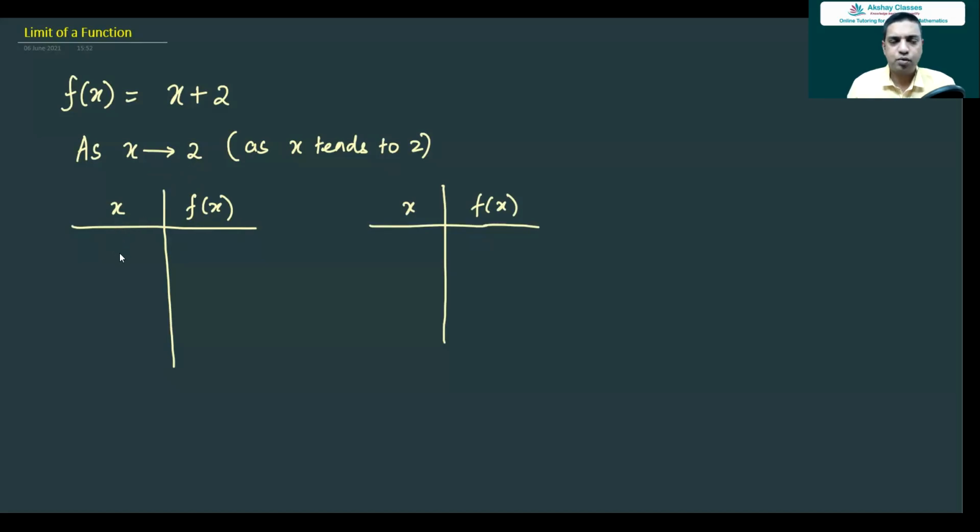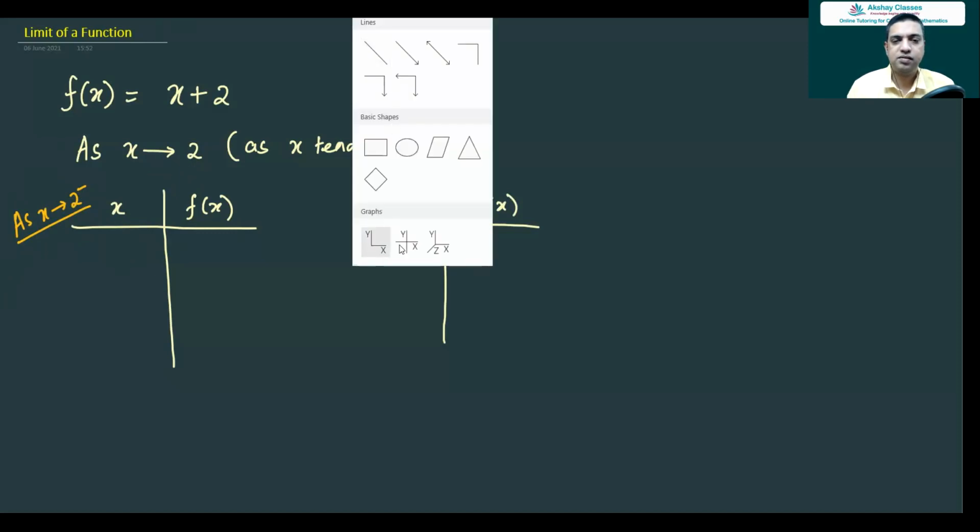What we can do, we can approach from the left. So here I write x tends to 2 minus. Approaching from the left means I am approaching 2 from the values less than 2. So on the number line, let's see here.